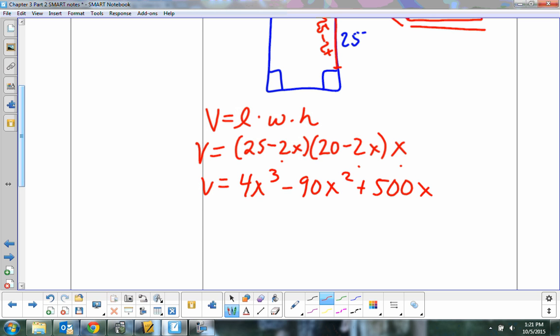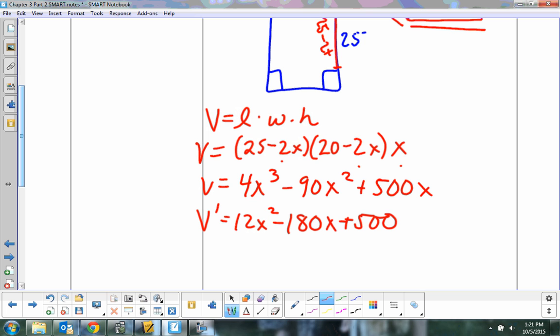Everybody good? Now I will derive it. And here, I need to find my critical number, so I can set this guy equal to 0.